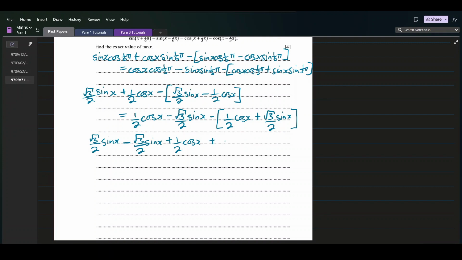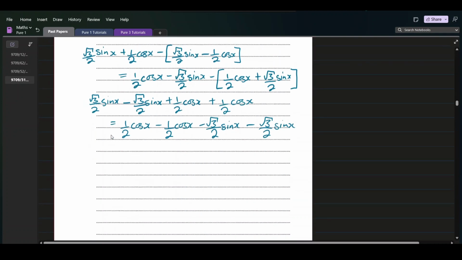That becomes plus 1 over 2 cos x, and this is equal to 1 over 2 cos x minus 1 over 2 cos x minus root 3 over 2 sine x minus root 3 over 2 sine x.